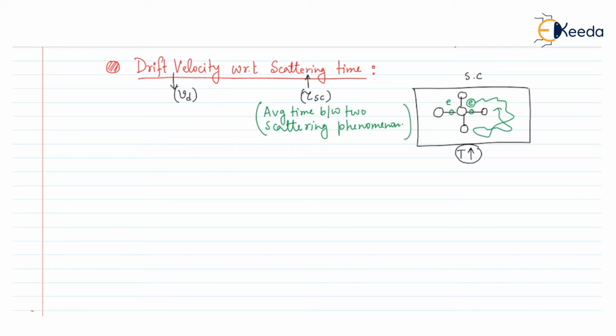Now we know that if the average time between two scattering phenomena increases, then the drift velocity will also increase.